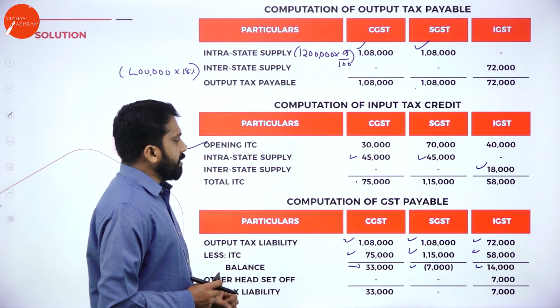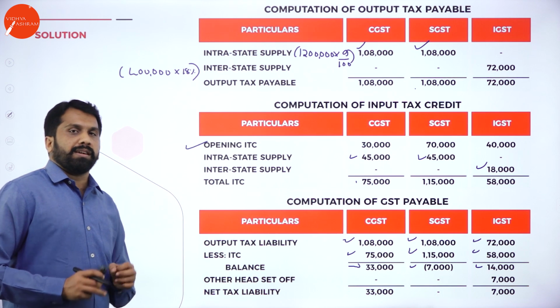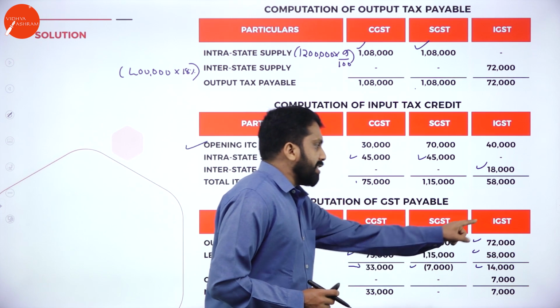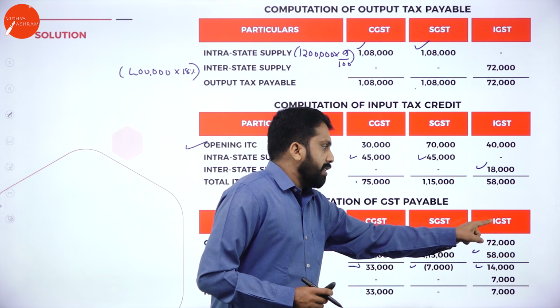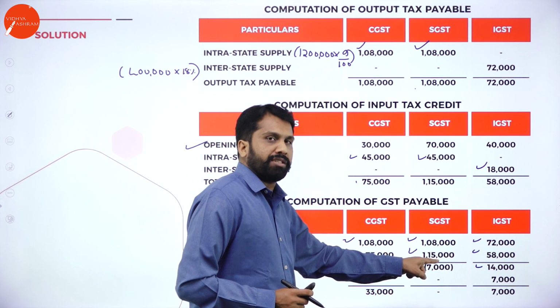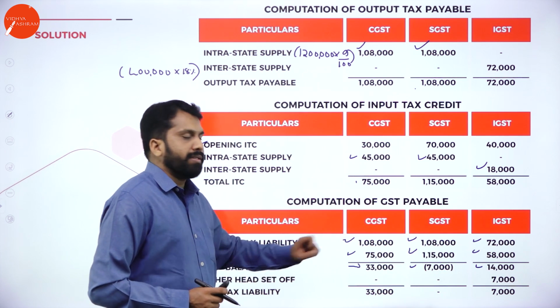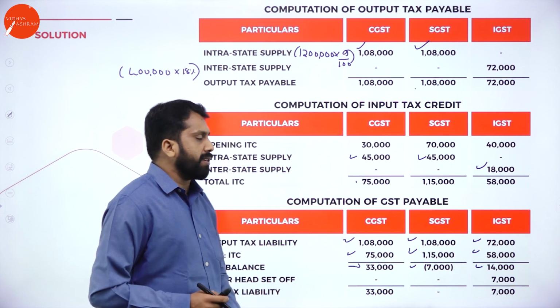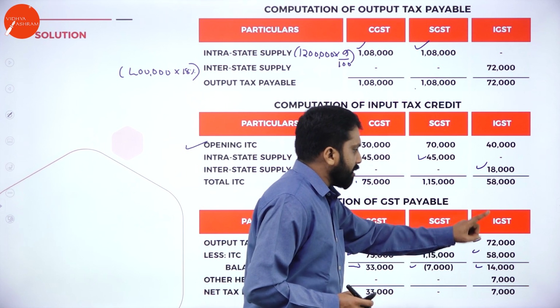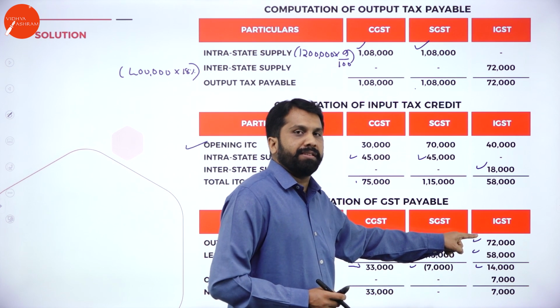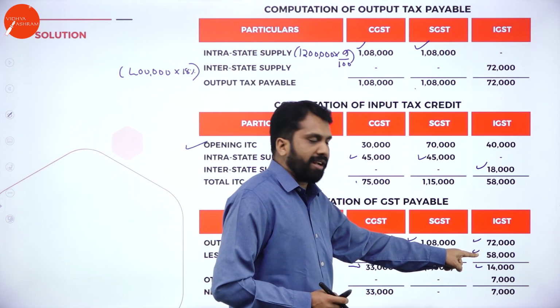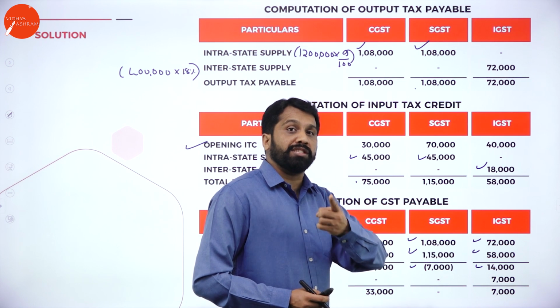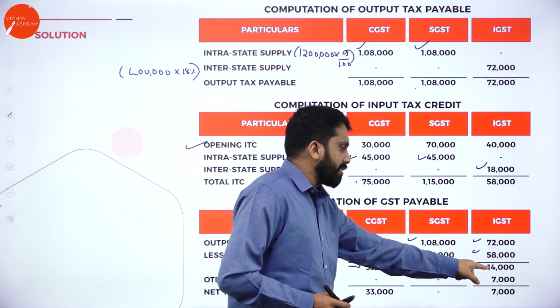Now, in this, there is a logic. If there is any shortage for IGST, he can borrow from SGST, he can borrow from CGST. Again, I will repeat. For example, what is the payable? 72. How much he paid? 58. Still, how much is pending? 14,000.